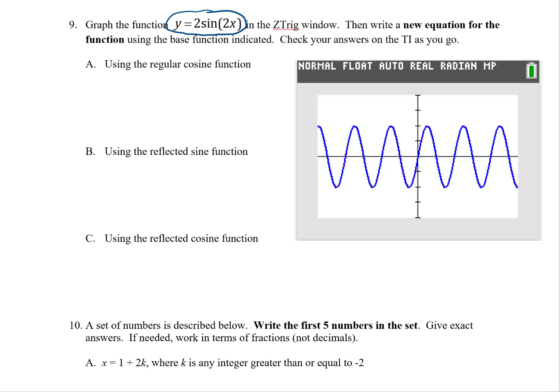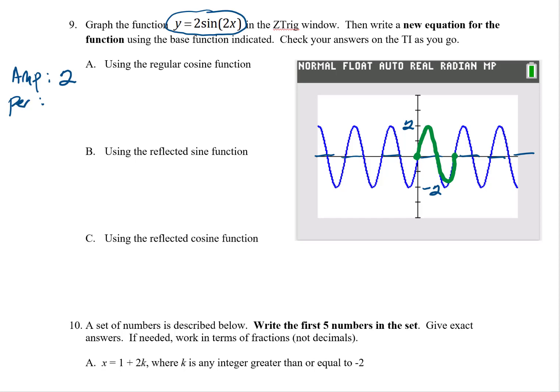How about the amplitude of this function? Well, I think you can see that the midline is right here along the x-axis. The high spot is at 2, the low spot is at -2, so obviously the amplitude is just 2. The period: if I start here, how far will I go to get one cycle in?